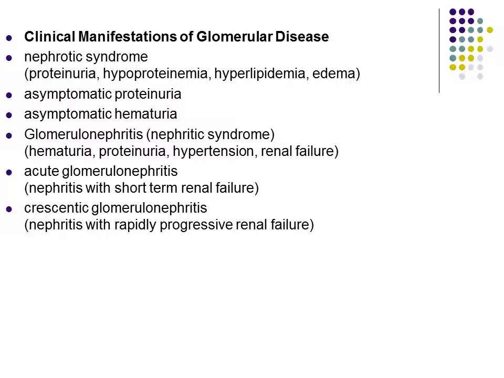So what happens in glomerular nephritis is there is an inflammation of the glomerulus, as the name suggests, glomerular nephritis. Because of this inflammation, there is damage to the endothelial cells, to the basement membrane, and to the foot processes, that is the visceral epithelial cells. So the filtration of larger molecules happens, which is not happening in nephrotic syndrome.